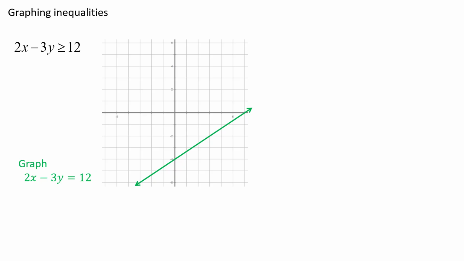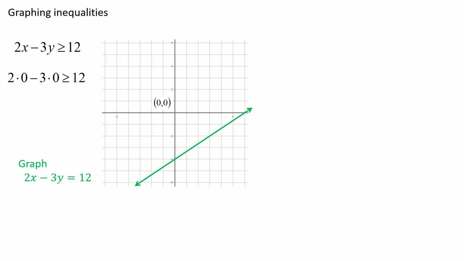And then the next thing that we have to do is decide which side of the line all the trues are on. Now, we already know because we tried this problem earlier, but we're going to look at a more official way to do that. So what you do is you pick a random point and you plug it into the inequality to see if that makes it true. Now, I don't want to say 0, 0 is really random.